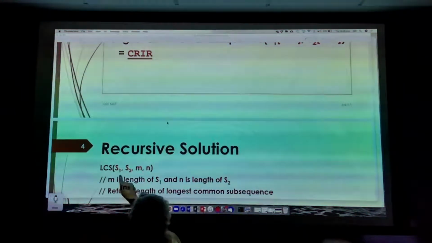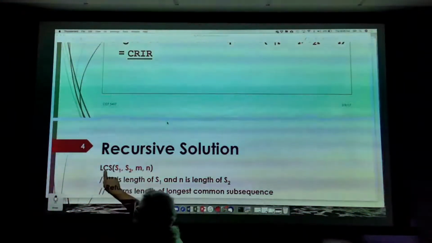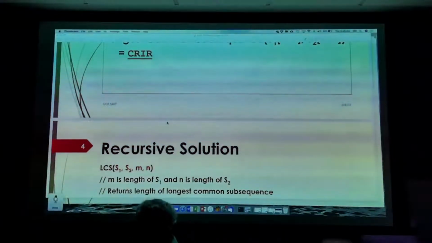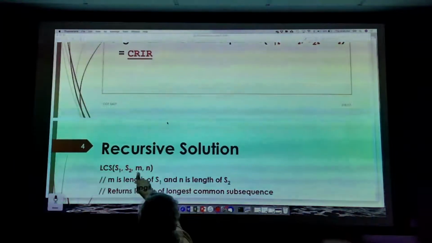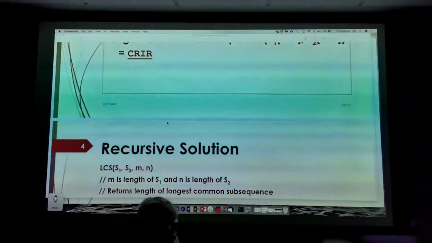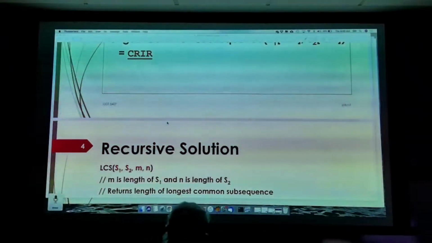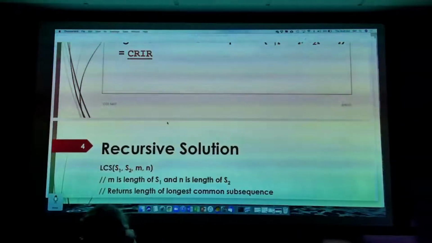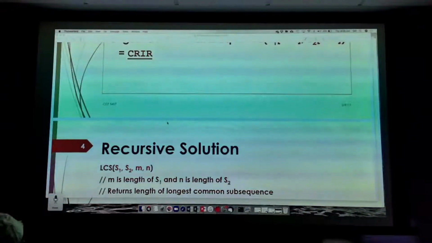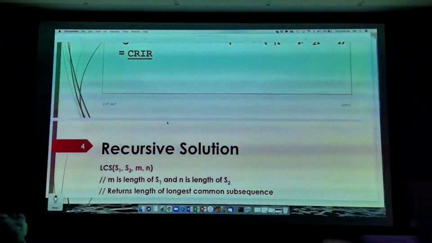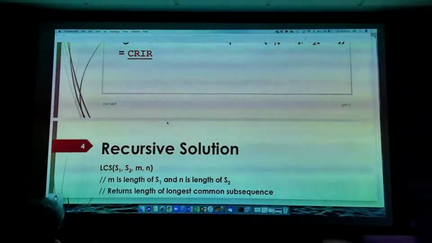So I'm going to assume here that I want to figure out the longest common subsequence, that's LCS, of 2 strings S1 and S2, and we're going to assume that they are of length m and n. In our case, S1 is an array of characters, and the first m characters are the characters of the string.